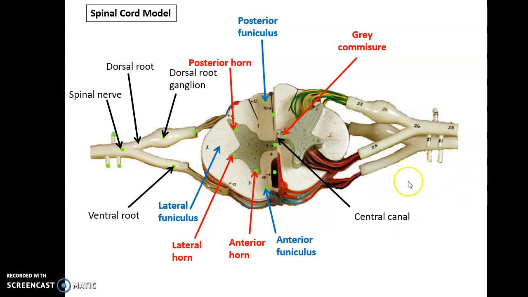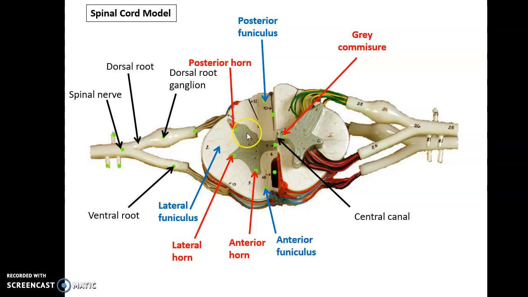The different regions of the white matter in the spinal cord are called posterior funiculus, lateral funiculus, and anterior funiculus. So the white matter is broken up into three pieces per side: posterior funiculus, lateral funiculus, anterior funiculus. The gray matter gets broken up into four pieces per side.